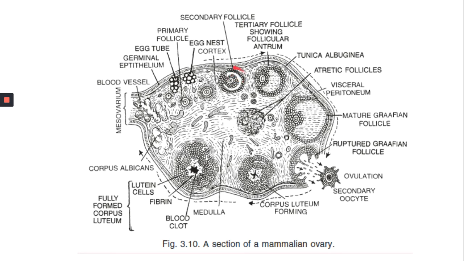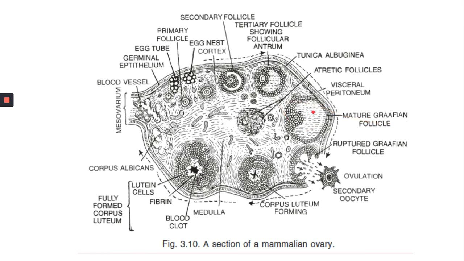The more the follicular cells grow, the more mature the follicle becomes and more fluid gets filled in it. So this stage is called the tertiary follicle. Further on it will develop and become a fully mature follicle, which is also known as a Graafian follicle.